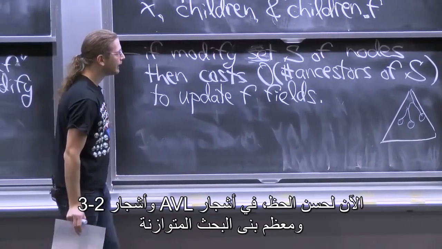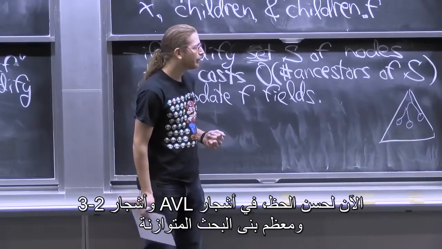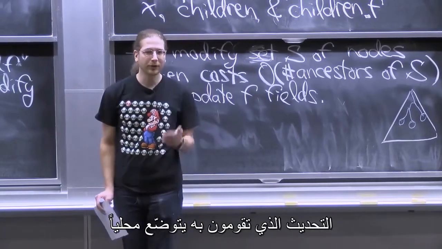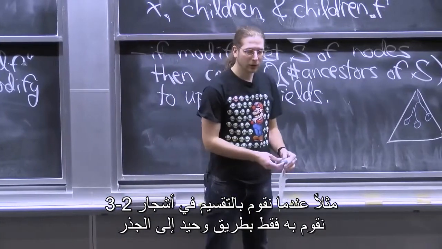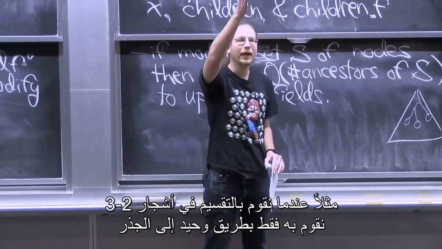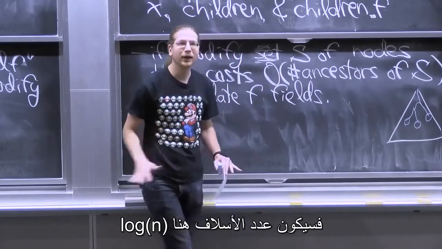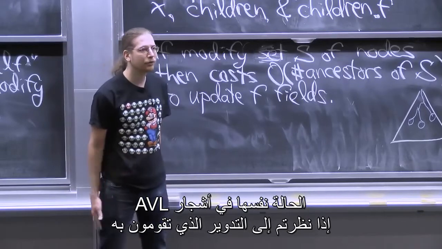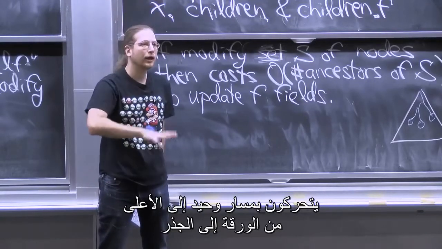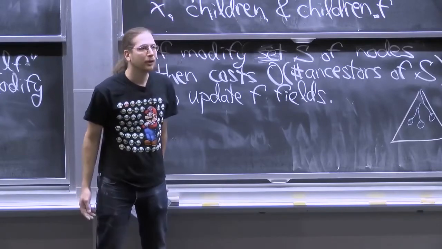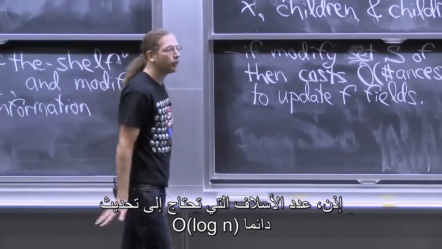Now, luckily, in an AVL tree or 2-3 tree, most balanced search structures, the updates you do are very localized. Like when we do splits in a 2-3 tree, we only do it up a single path to the root. So the number of ancestors here is just going to be log n. Same thing with an AVL tree. If you look at the rotations you do, they're up a single leaf to root path. And so the number of ancestors that need to be updated is always order log n.